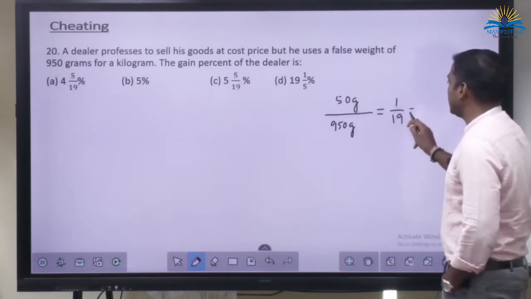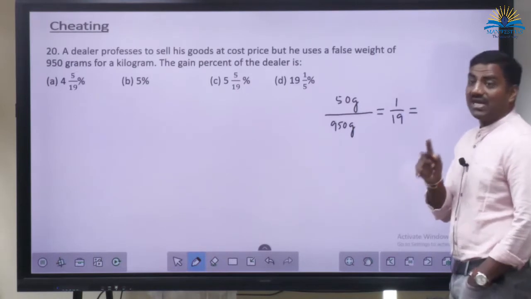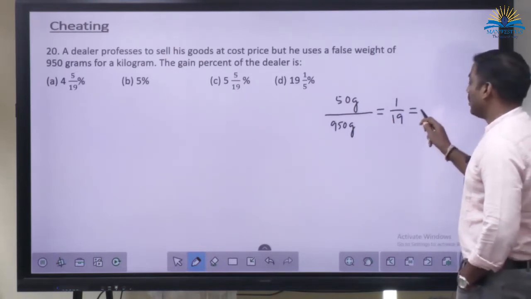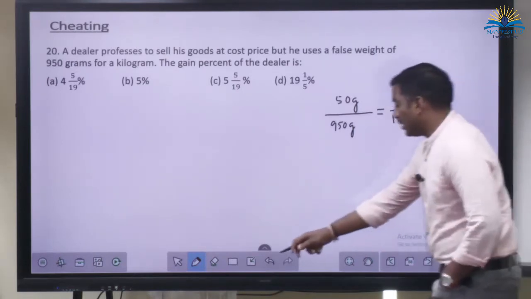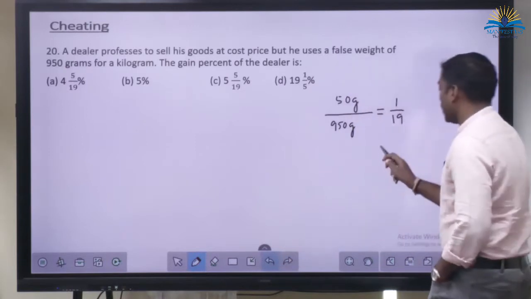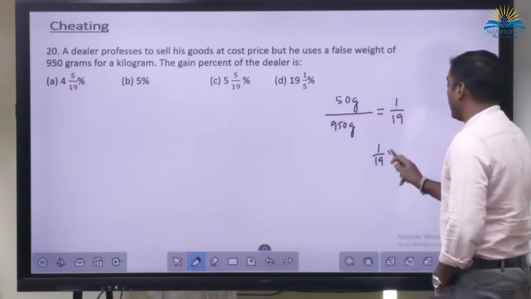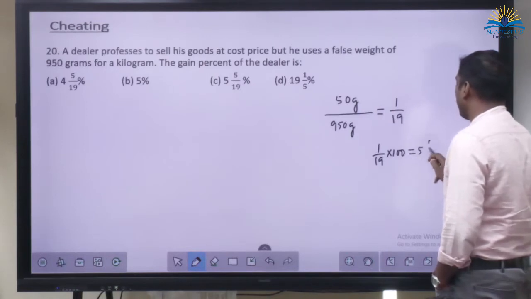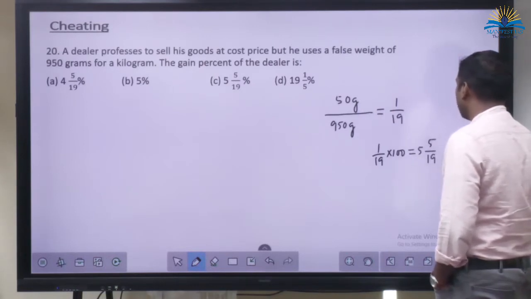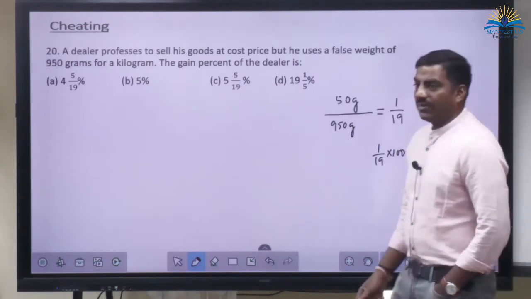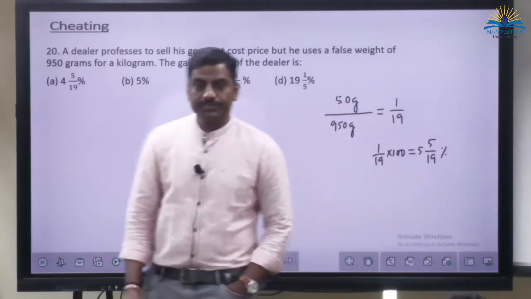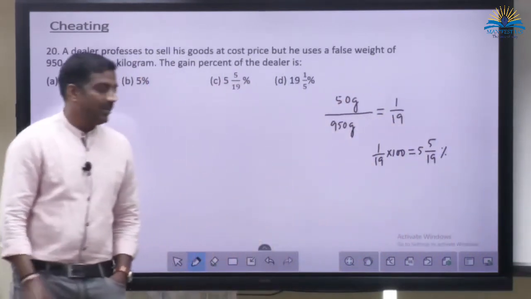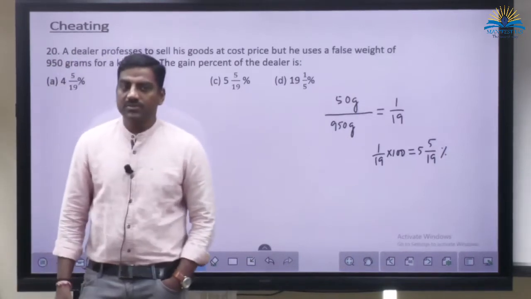It is close to 5%, but not exactly 5%. If you want, you can multiply by 100. 1 by 19 into 100 gives 5 and 5 by 19%. Done?